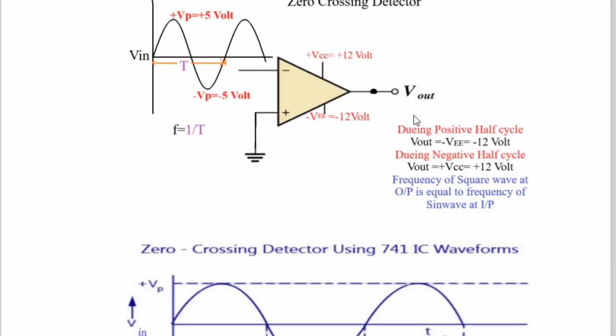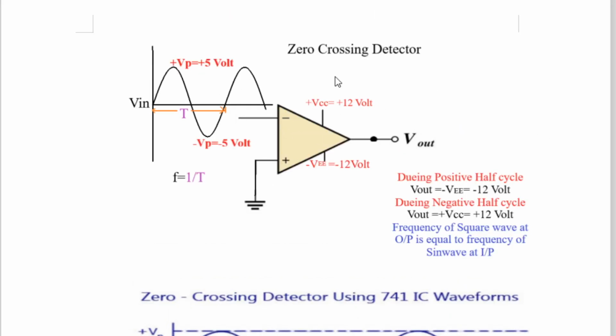Here we have given the details: during the positive half cycle, Vout is equal to minus VEE, equal to minus 12 volt. During the negative half cycle, Vout is equal to plus VCC, equal to plus 12 volt. The frequency of the square wave at the output is equal to the frequency of the sine wave at the input. So all the description is given over here, and this is the zero crossing detector.